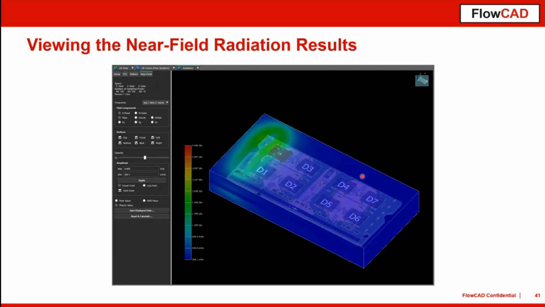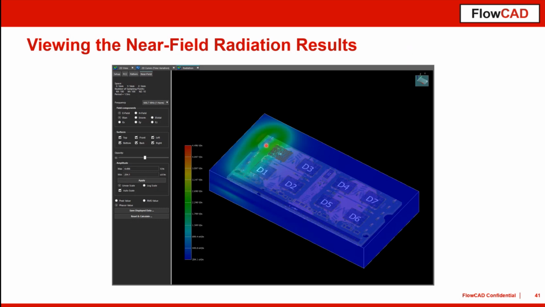Finally, the near field is also calculated. As you can see here, where we have our selected signals, of course, as expected, we have the most radiation in this case. From this information, you can go back and ask, does my system still meet the requirements?